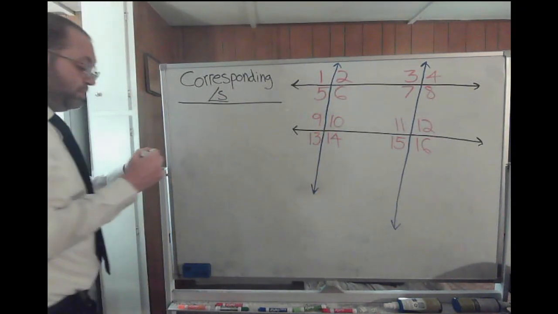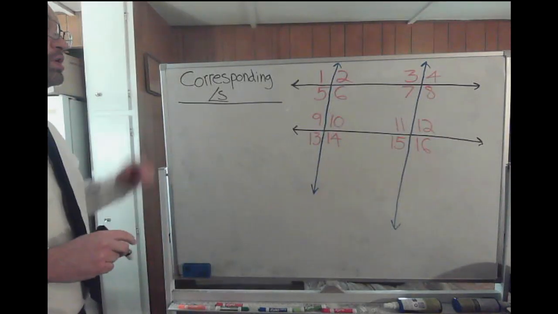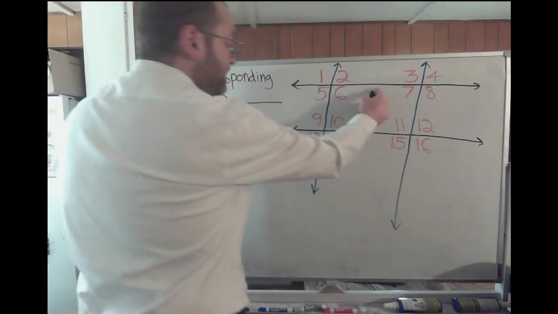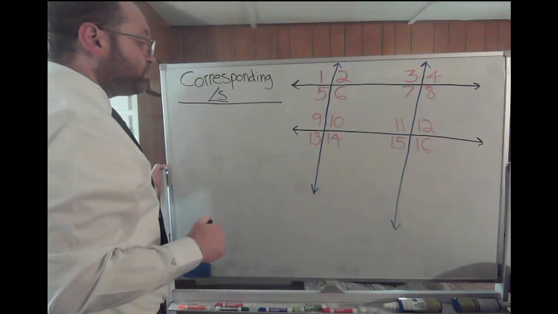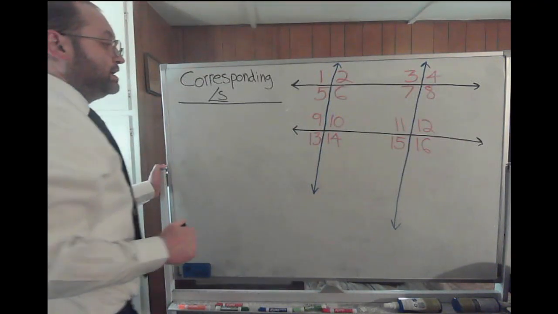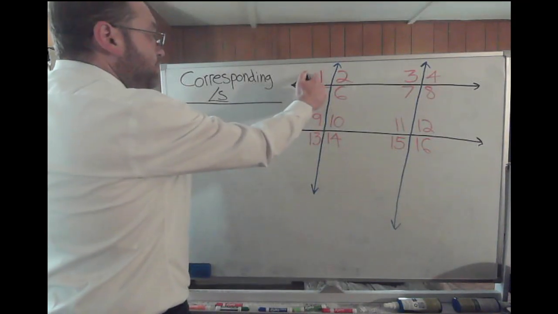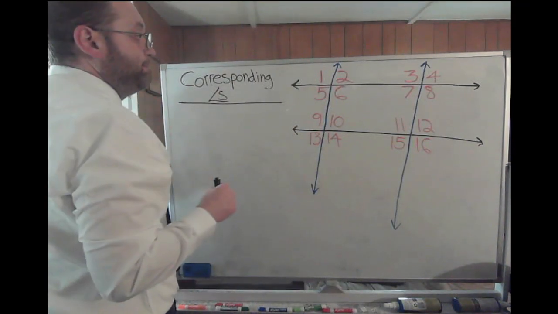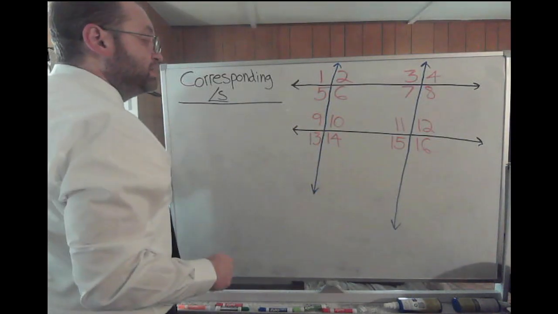So we have corresponding angles. Well, what are corresponding angles? Let's look at these two lines that run from left to right. Let's look at angle 1. It's in the very top left of the line, is it not?